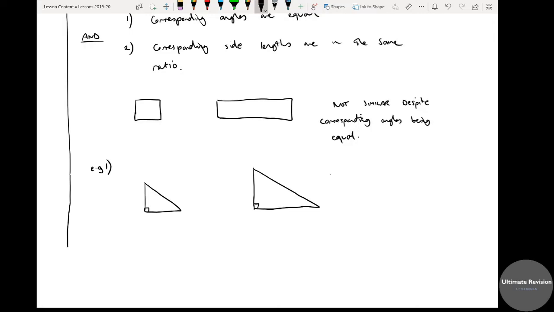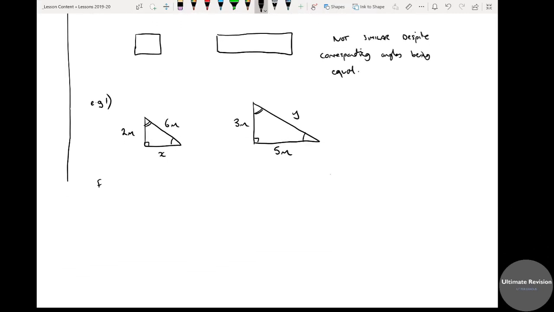It will tell you in the question that they're similar, or you might see these sort of symbols that show that they're equal. x, 6 meters, 2 meters, y, 5 meters, and 3 meters. And the question would be find x and y.